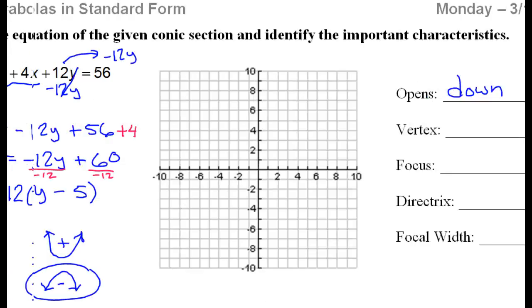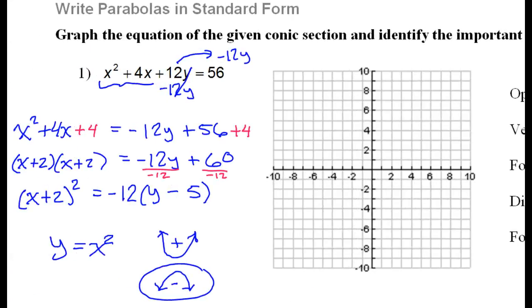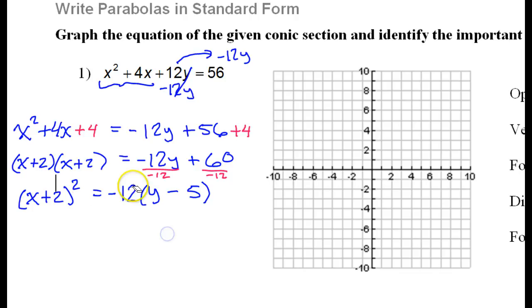Okay, now let's talk vertex. Standard form is great when it comes to the vertex because it's just going to be the opposite of this one, comma that one. I mean it's the opposite of both of these. So negative 2 comma positive 5.